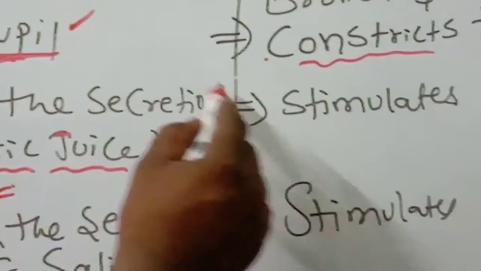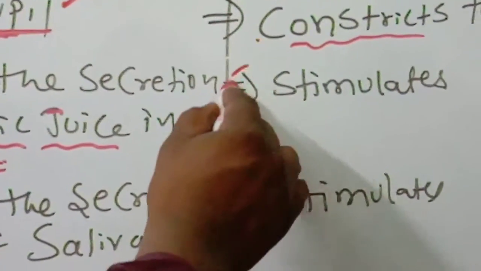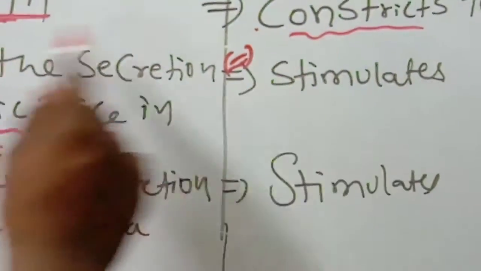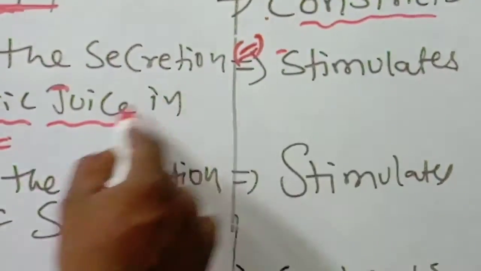But the parasympathetic nervous system stimulates the gastric juice in the stomach. One is inhibiting, one is stimulating.